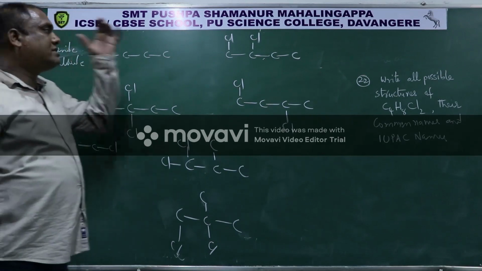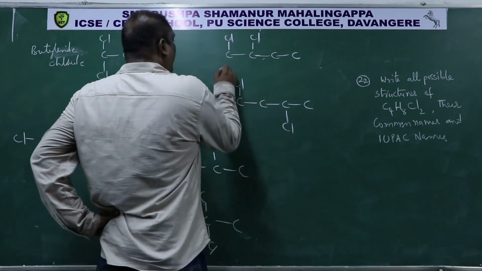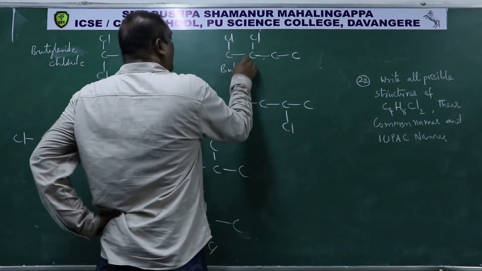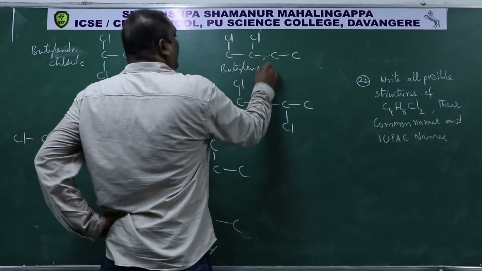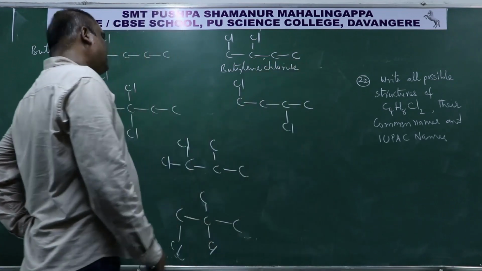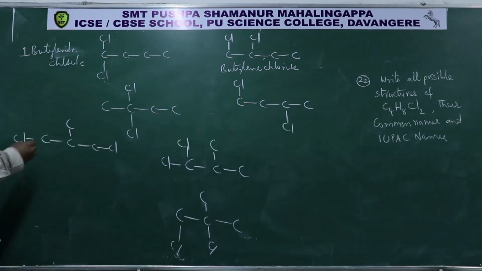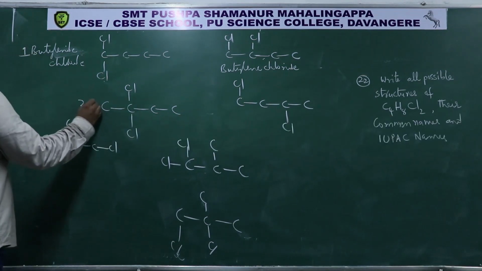But when two chlorines are attached to adjacent carbons, then it is called -ylene chloride. Butylene chloride. Now, this is one butylidene chloride, this is two butylidene chloride.